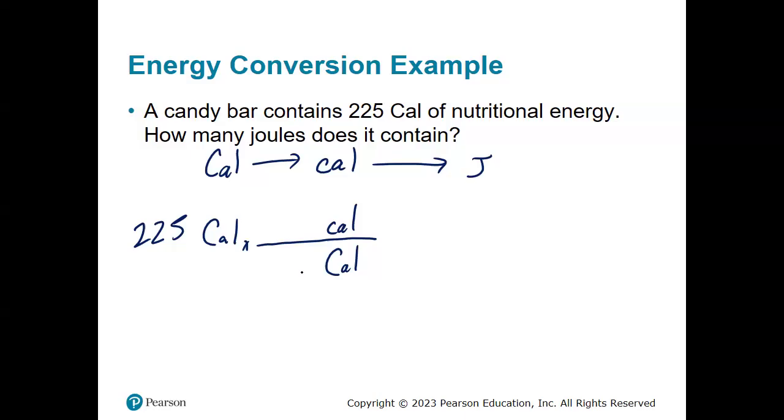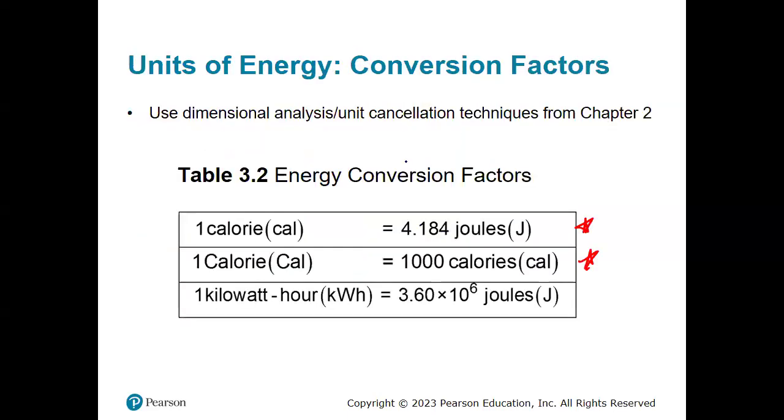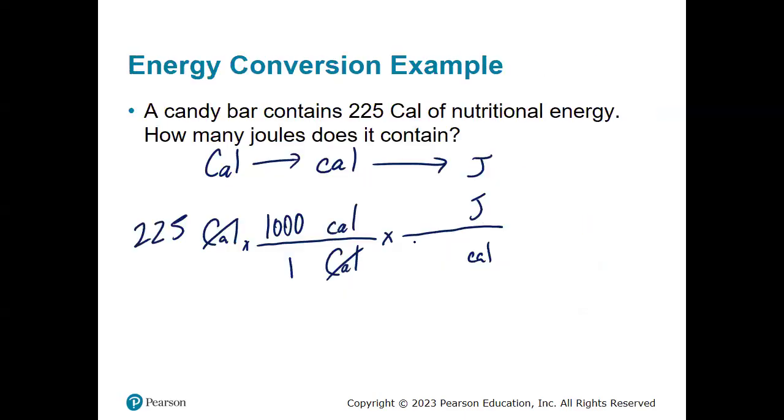The conversion here: 1 big C calorie is 1,000 little c calories. Again, a big C calorie is a kilocalorie, so that kilo prefix of 1,000 would apply here as well. To turn the calories into joules, the conversion was 1 little c calorie is 4.184 joules.